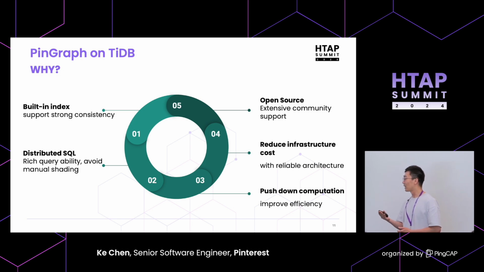Also, with TiDB's reliable architecture, we are hoping to make our application more efficient and, more importantly, to reduce infra cost for Pinterest. Last but not least, TiDB is open source software. We have extensive communities like this, which we value a lot as well.